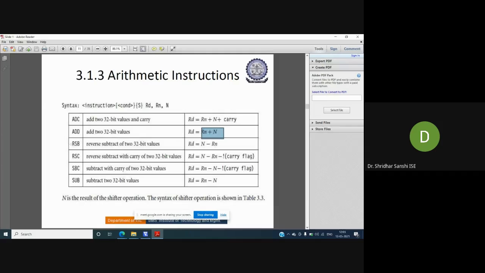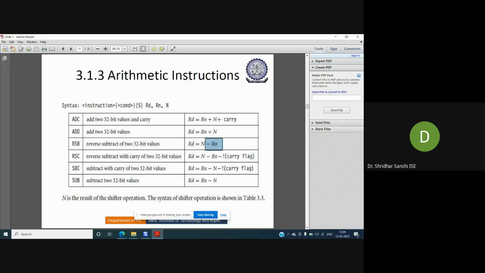And this one is RSB. RSB stands for reverse subtraction of two 32-bit values. Normally when we do a subtraction, it is first operand minus second operand. But when we do a reverse subtract, it means second operand minus the first operand. That's why it is called reverse subtract.